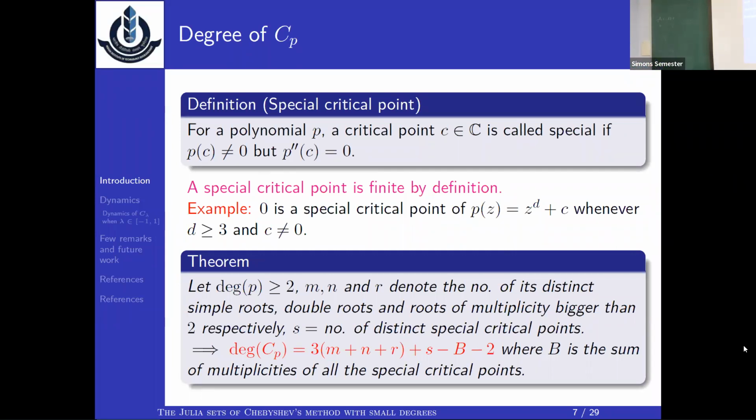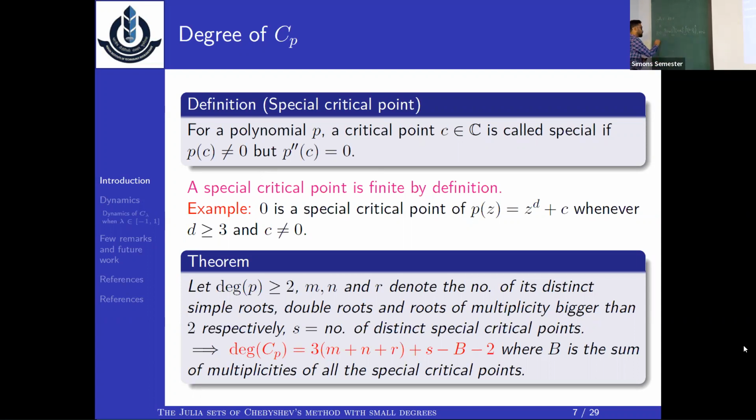Now, let P be a polynomial having m number of simple roots, n number of double roots, meaning the multiplicity is 2, and r number of roots having multiplicity greater than 2.